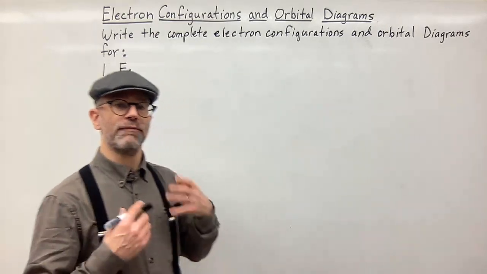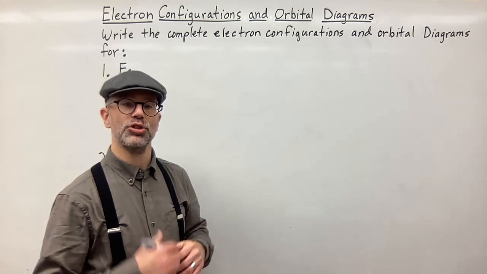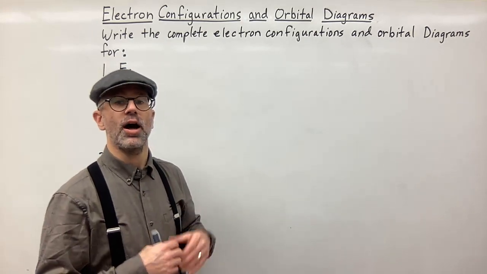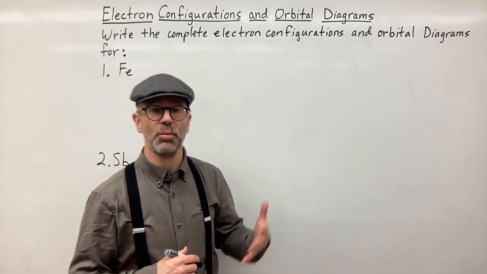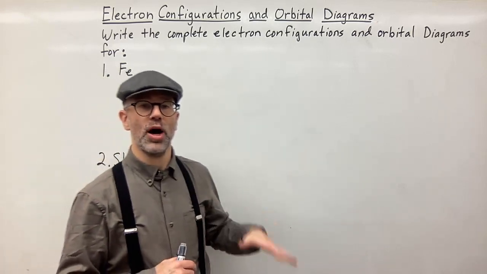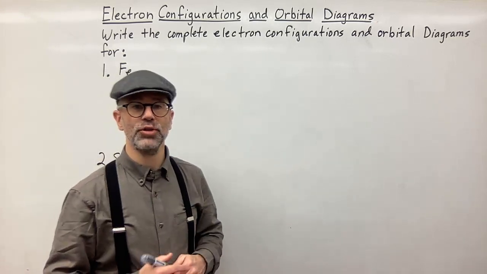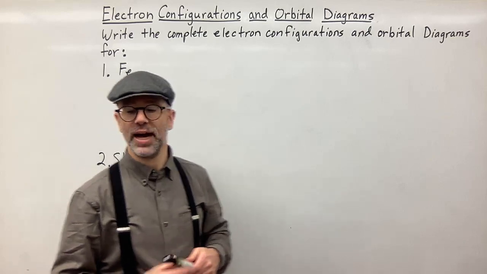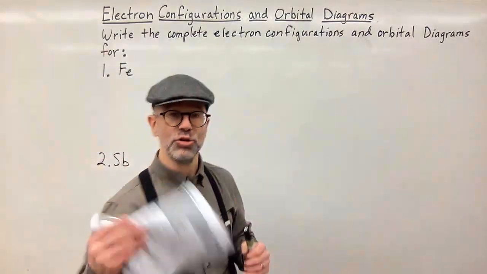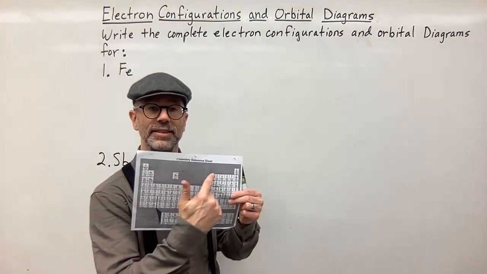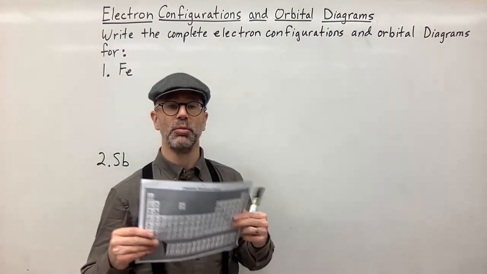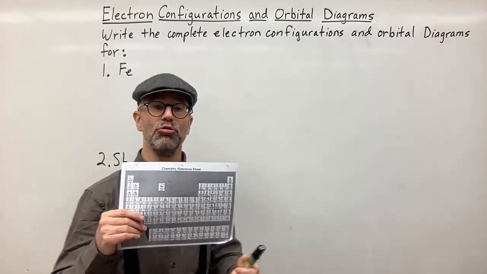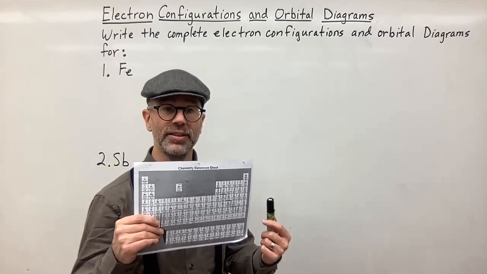So the first thing you want to be able to do is you need to know the order of the different sublevels, going from 1s to whatever sublevel you need. Now there's a couple of ways you could do that. You can use the periodic table if you know how to use the periodic table. If you don't know how, go to my video on how to write electron configurations from the periodic table.